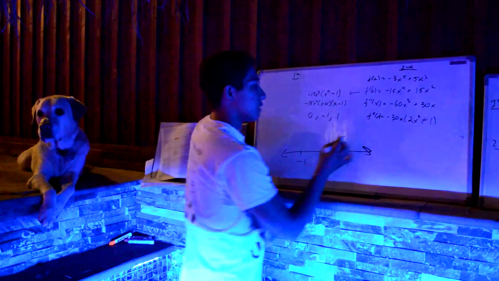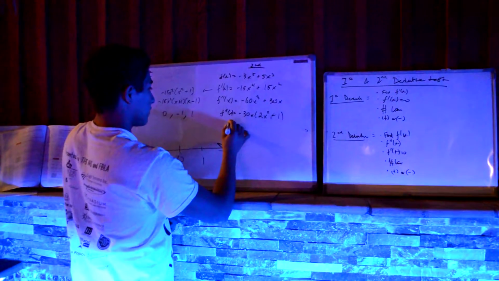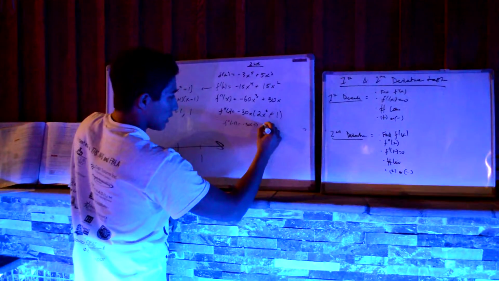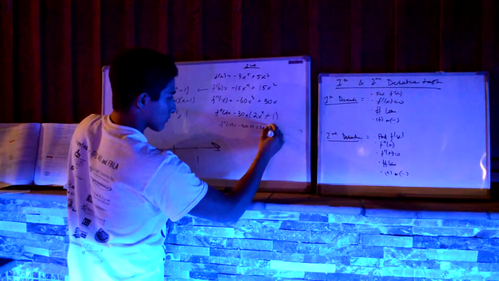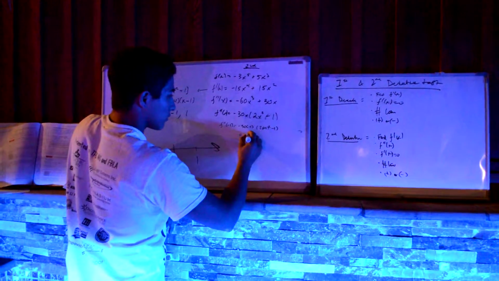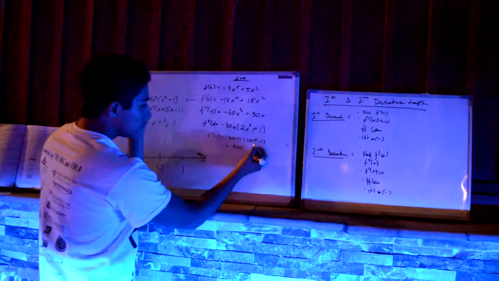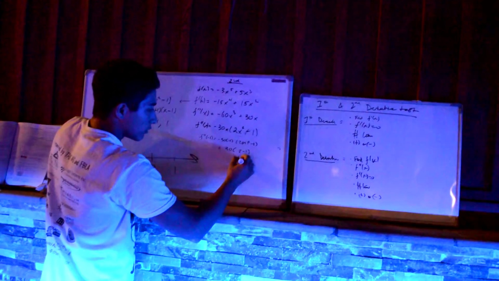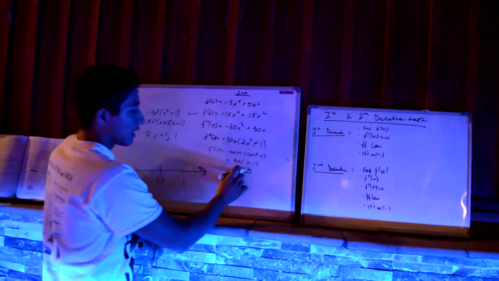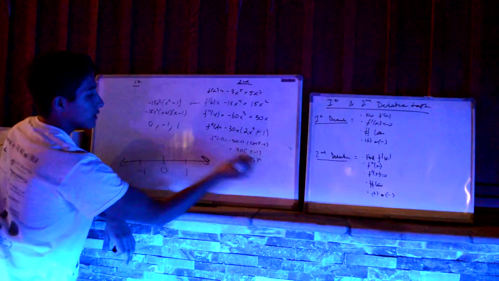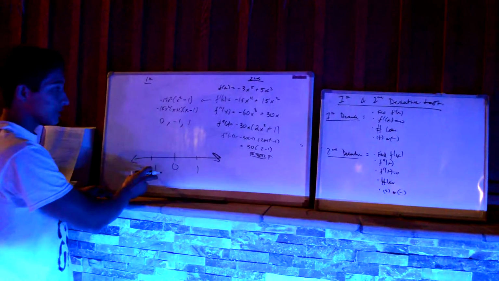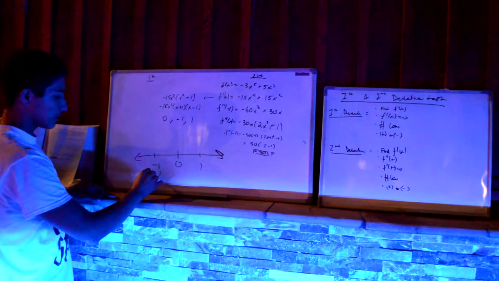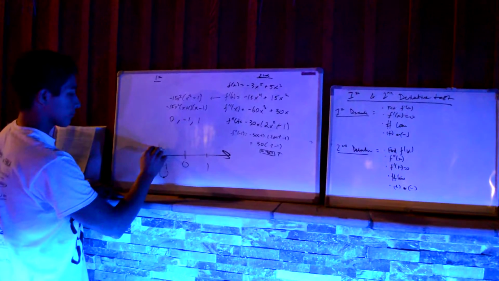So f double prime of negative 1 equals 30 times... You're just trying to look for the sign. You don't really have to find the value. But this is positive, right? So at x equals negative 1, the concavity is positive. So if it's positive, it's going to be a minimum.